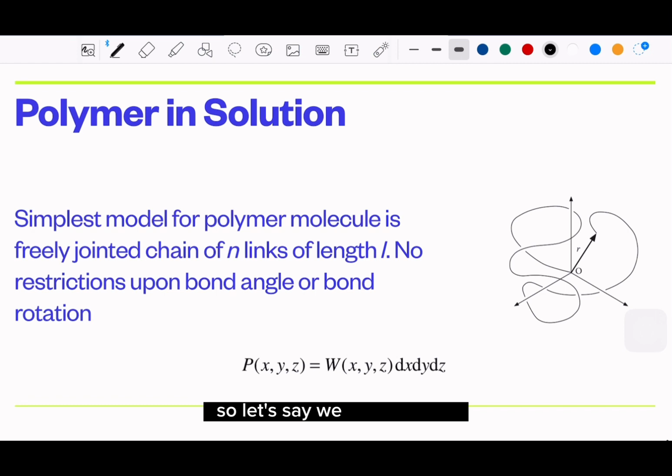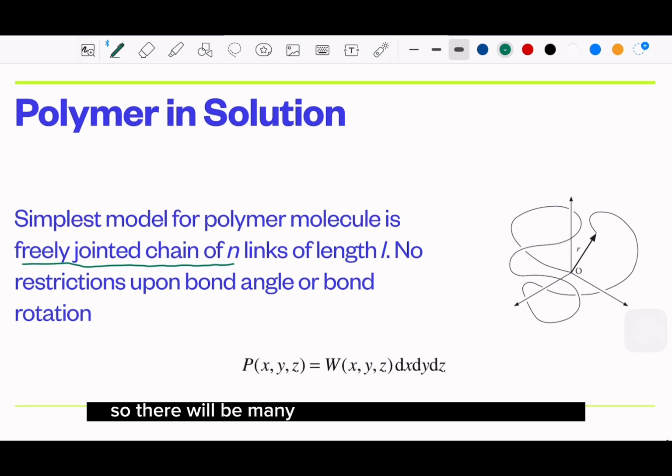So let's say we describe R as a vector that is separating the two ends, and we simply write the relations that we call P and W. So this is the model for a freely jointed chain of N. There will be many monomers with length L, and there will be no restrictions upon the angle.